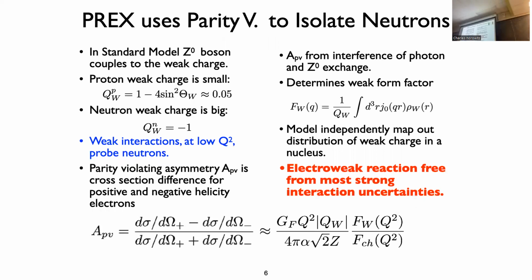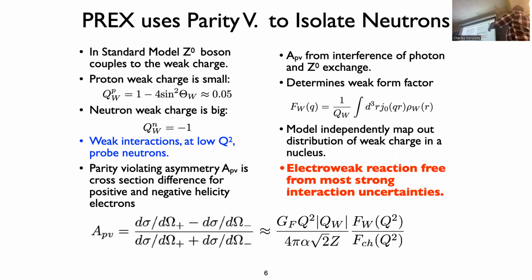The PREX experiment uses parity violation to locate the neutrons. In the weak interactions of the standard model, the Z boson couples to the weak charge, just like the photon couples to the electromagnetic charge. The weak charge of the proton happens to be small, proportional to sine squared theta W, the weak mixing angle, the Weinberg-Salam angle.